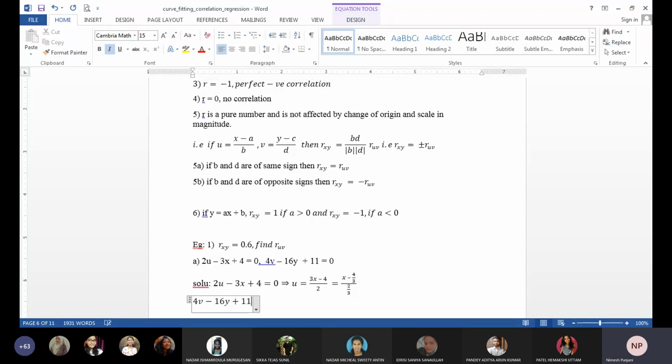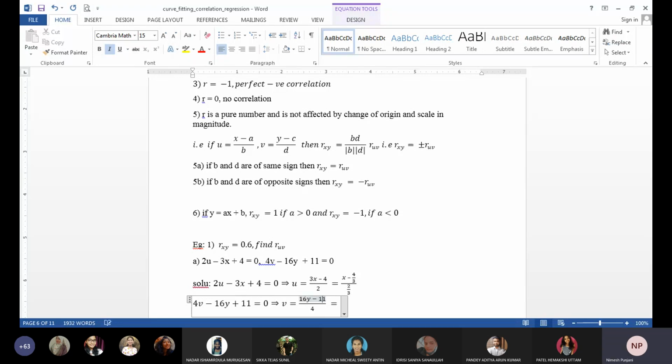Then 4v minus 16y plus 11 equals 0. So what does this give you about v? v is (16y minus 11) divided by 4.